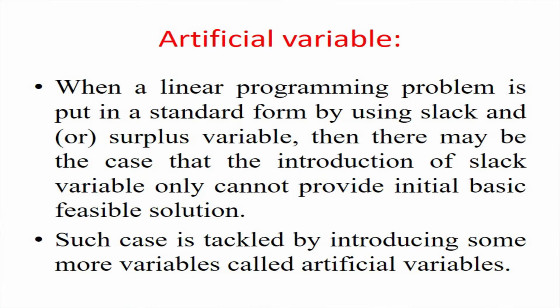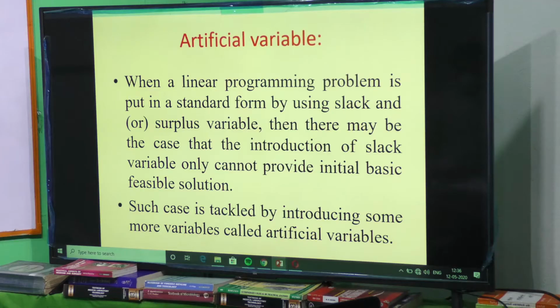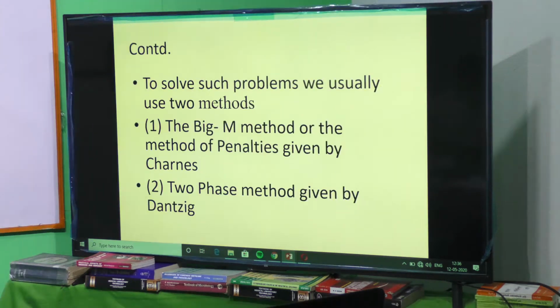But in some problems, when the LPP is put in the standard form, the introduction of the slack variable may not provide an initial basic feasible solution. Such a case is tackled by introducing some more variables called artificial variables.